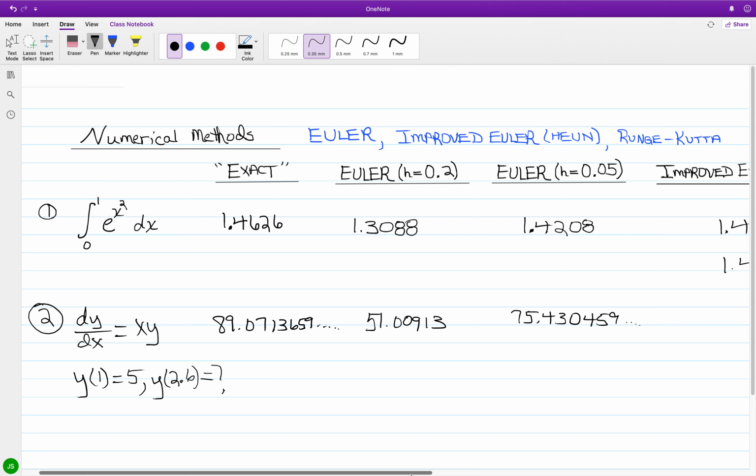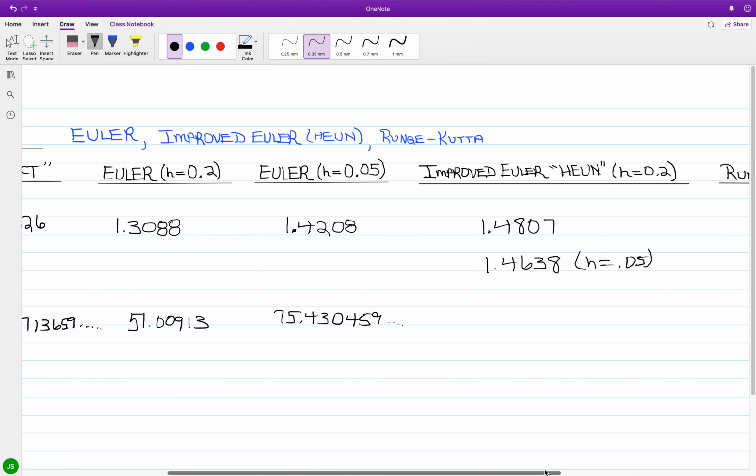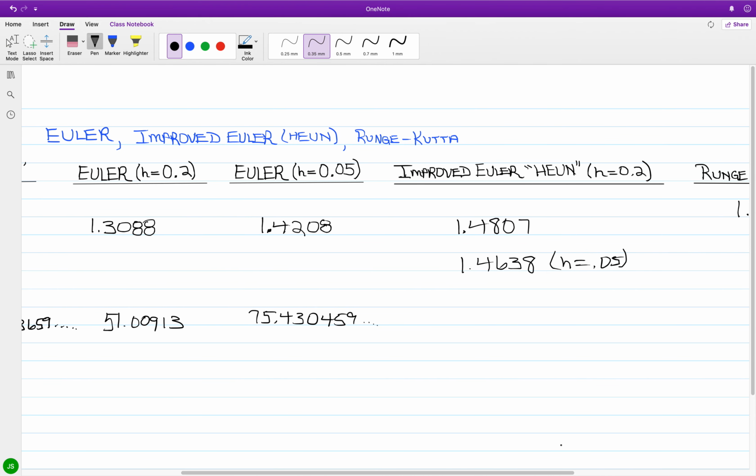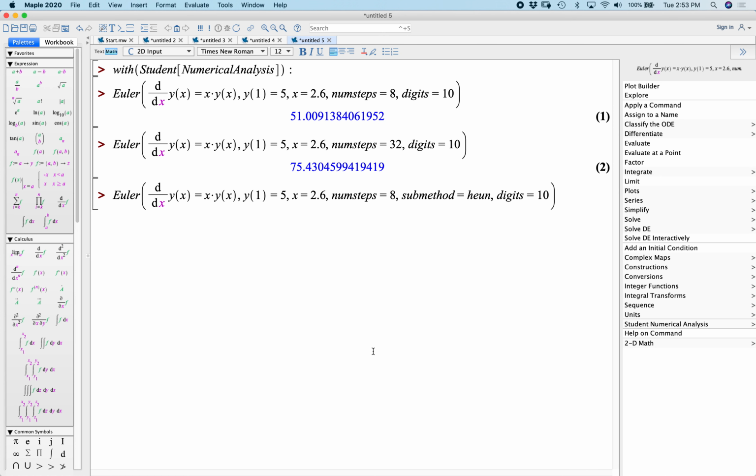Now we're going to move on to the Heun method, where the step size is going to be 0.2. Again, comparing, when we had the Euler approach with the step size at 0.2, we had the number of steps at 8, and with the step size at 0.05, we had 32 steps.